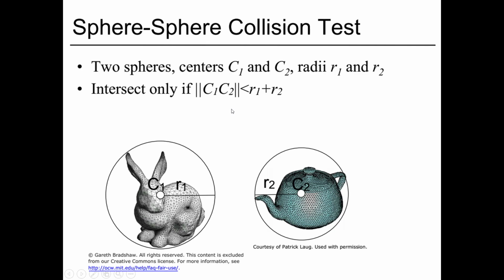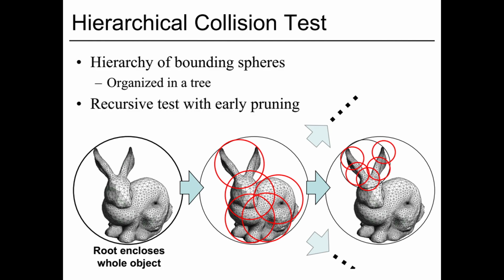Now we come to the main reason why it is called hierarchical collision detection. The reason is because we are maintaining a hierarchy of bounding spheres organized in a tree-like structure. The whole object is encompassed by a large sphere, and this large sphere contains some smaller spheres, which act as the children spheres, and they themselves act as bounding spheres for some parts of the object.